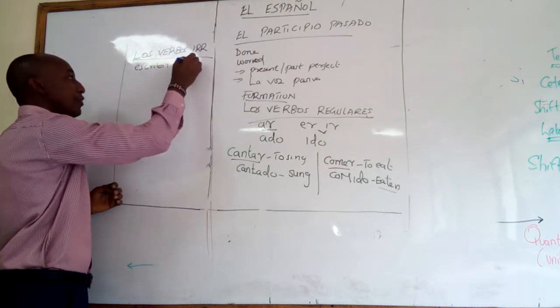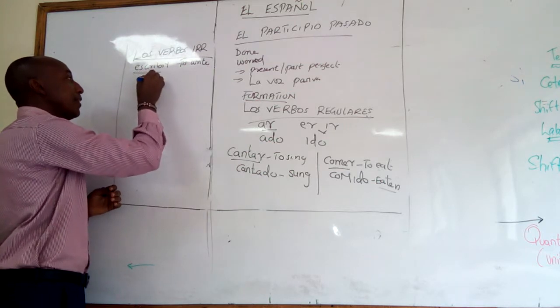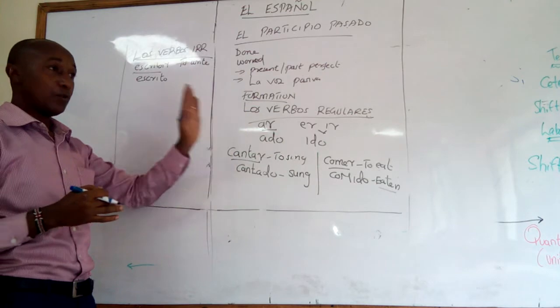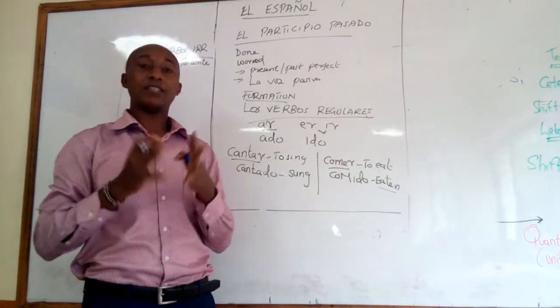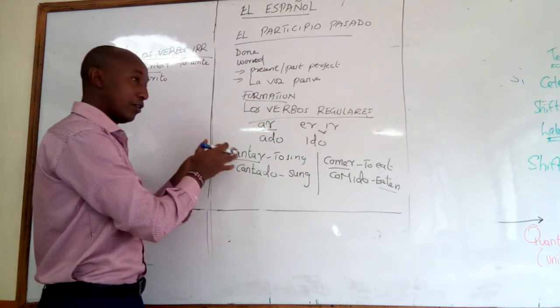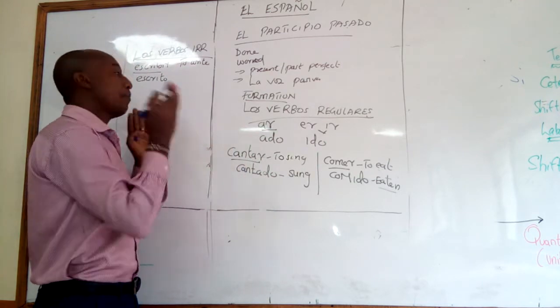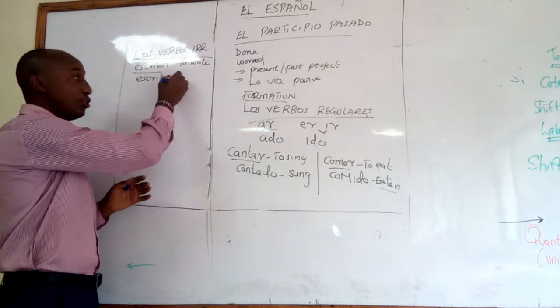So I'm going to have escrito. You notice that I'm not doing what I was doing on this side because these ones are irregular. From the previous lessons, we had said that we use a fixed pattern for the regular ones, but the irregulars don't follow a fixed pattern. That's why you see this one changing to escrito.